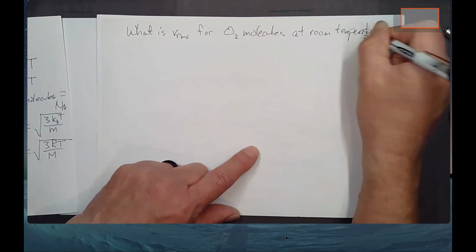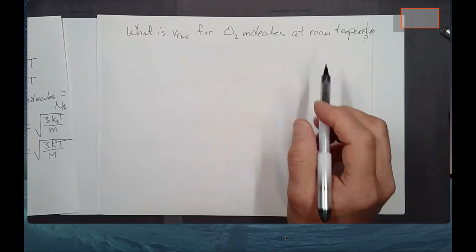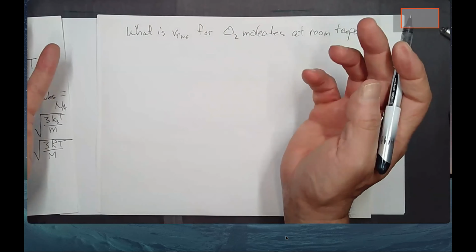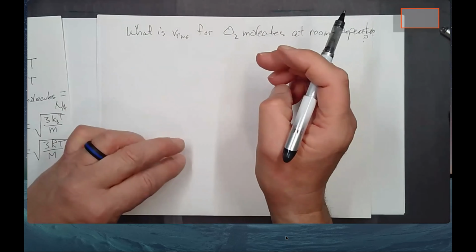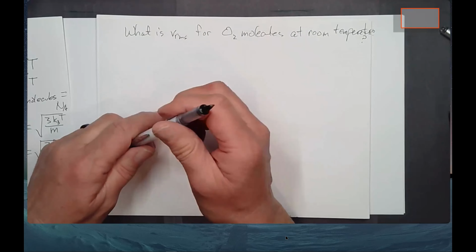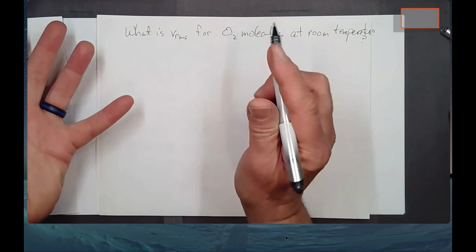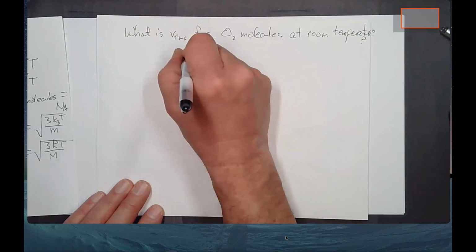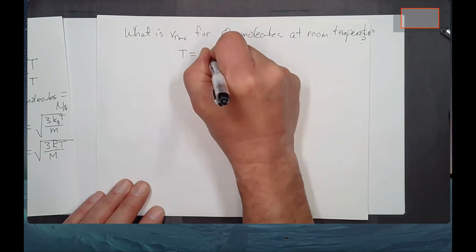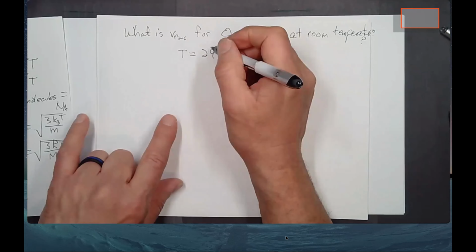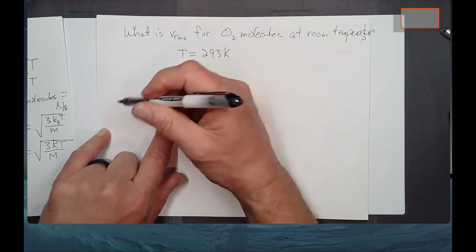Anyway, at room temperature. Well, what's room temperature? If we just figure roughly 20 degrees Celsius, add that to 273, which is the amount we're above absolute zero, and you get a temperature of about 293 Kelvin.